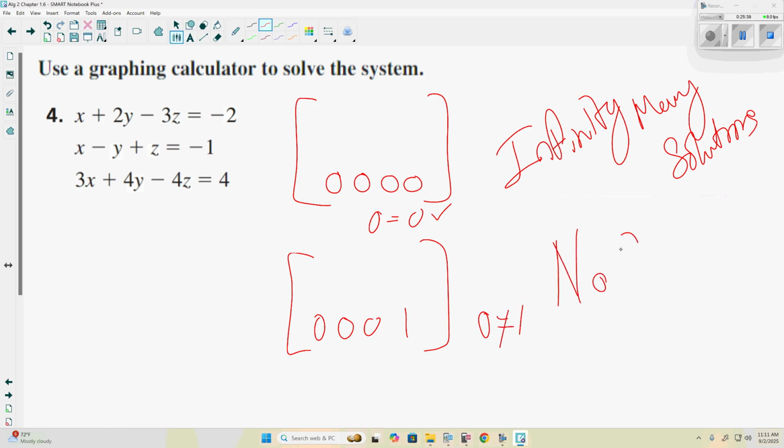So this here would be no solution. So if the bottom row is all zeros, I would look and make sure that neither of the rows above it gives us that 0 equals 1. But if that bottom row is all zeros, most likely it's going to be infinitely many. If that bottom row is all zeros and then a number, no solution.